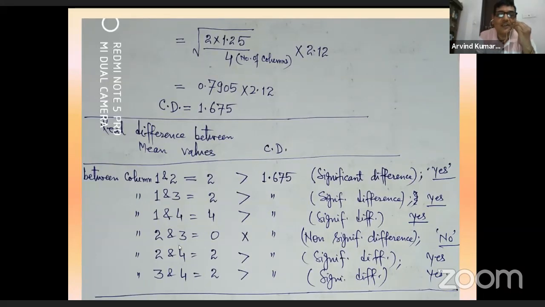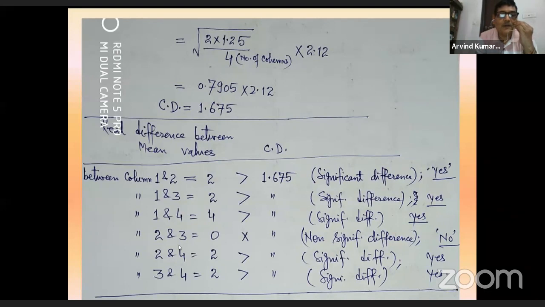If the real difference between two columns is more than the critical difference, then we consider it a significant difference. So between column 1 and column 2, there is a difference of 2, and that is why it is showing significant difference. The mean value of column 1 is 2, whereas column 3 is 4. So the difference is 2, so there is significant difference.